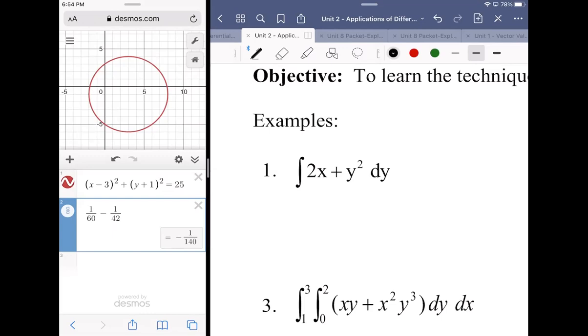All right, so if I'm going to integrate this with respect to y, what I'm going to do is treat x as either a constant or a constant multiple.